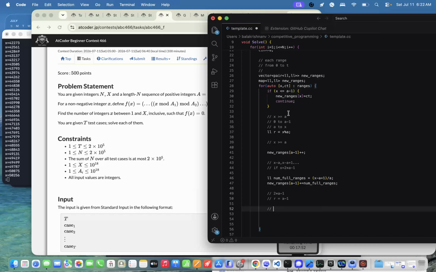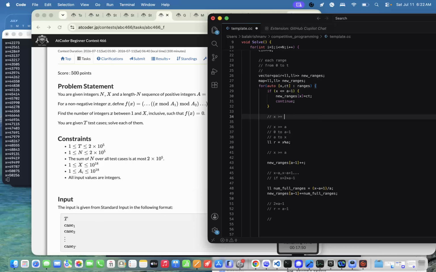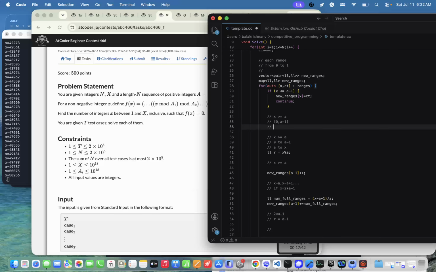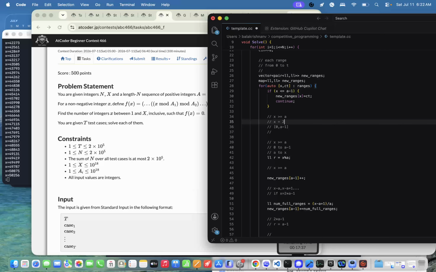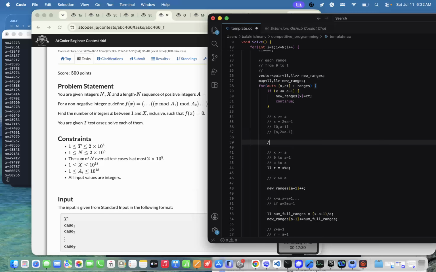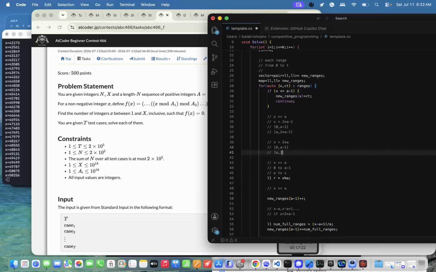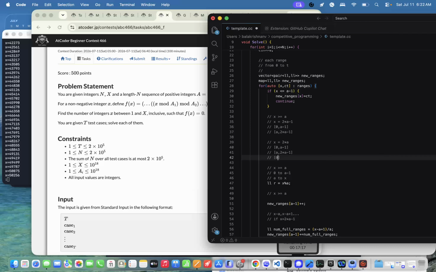Let's do it carefully. So essentially we have x is greater than or equal to a. So we have 0 to a minus 1 as one chunk. Let's say 2 times a minus 1. Then we have a to 2 times a minus 1 as another chunk. So full chunk. If x is equal to 2 times a, then it's going to be 0 comma a minus 1, a comma 2 times a minus 1. Then we have a single 0.